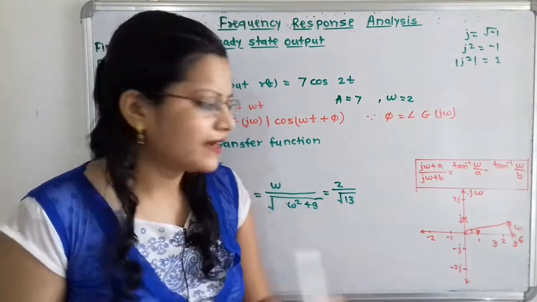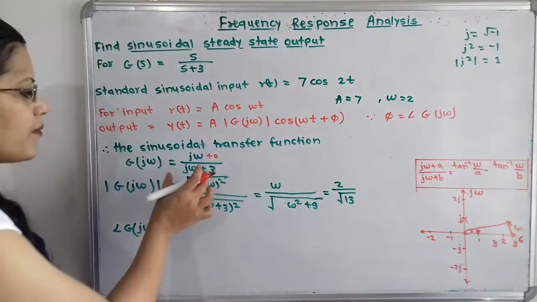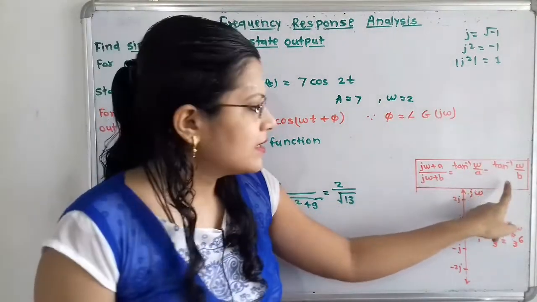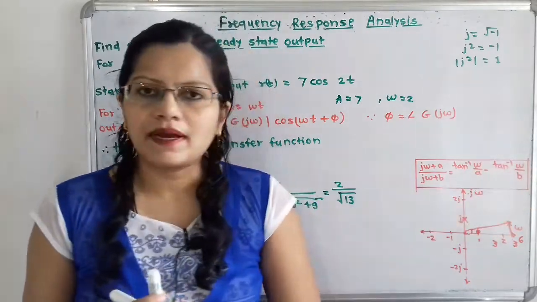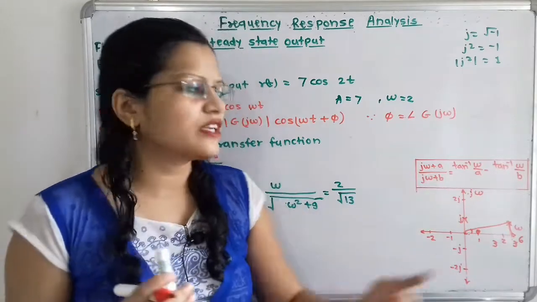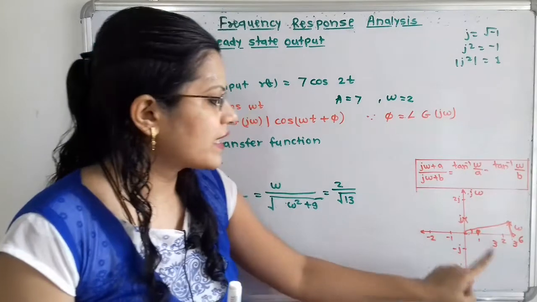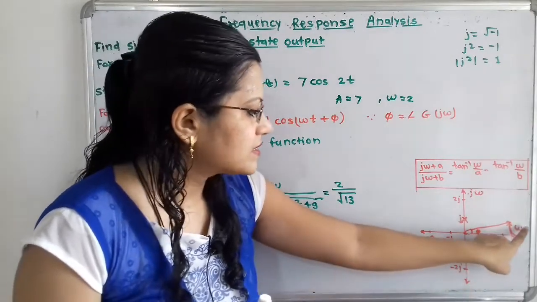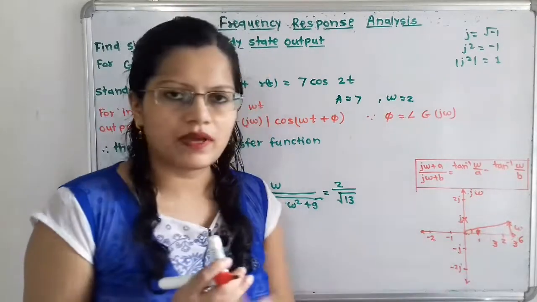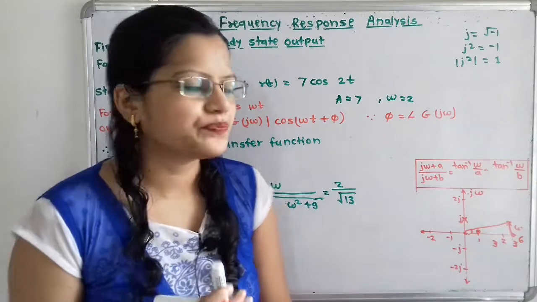But j omega plus 3 is in the denominator, so we take minus tan inverse of omega by b. Whenever the j omega term is in the denominator, we take the minus sign. From the diagram we can understand that tan theta is omega by 3, so theta is tan inverse of omega by 3. This is only for understanding purposes.